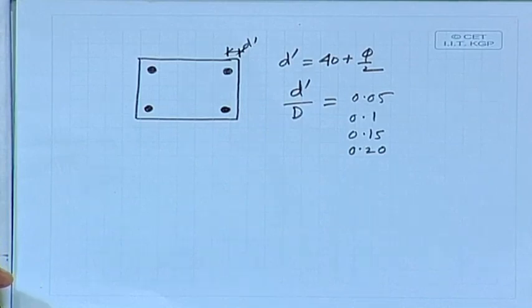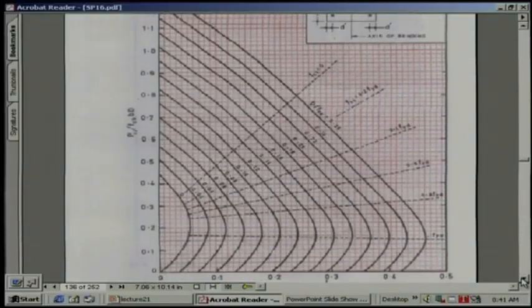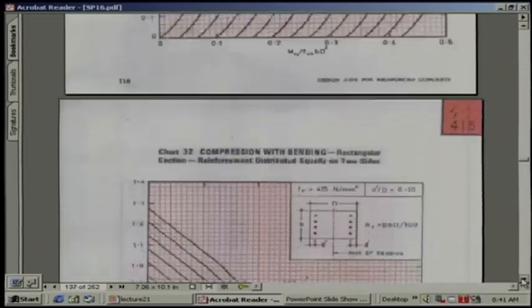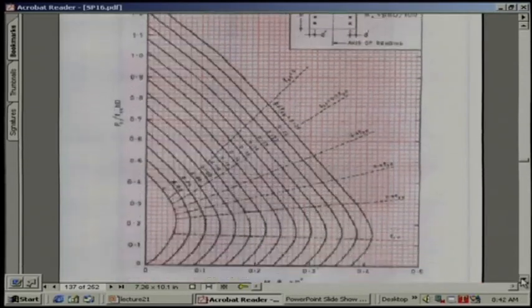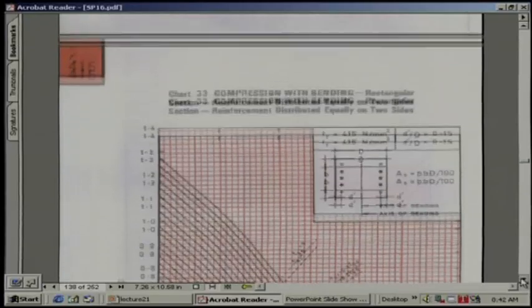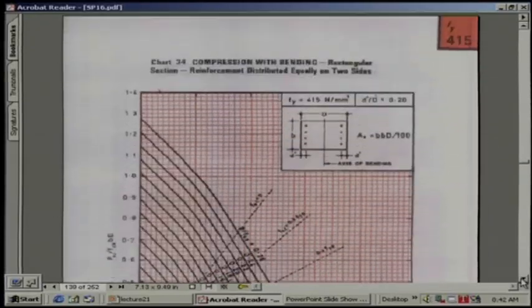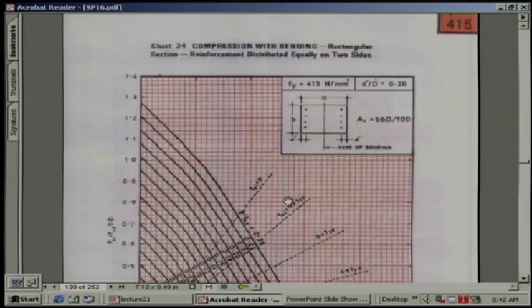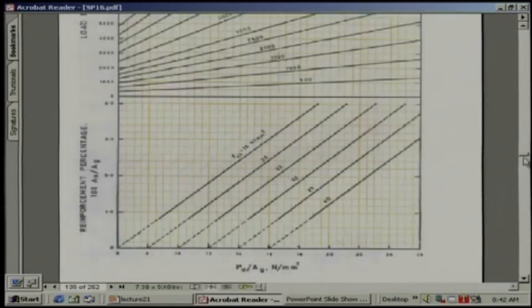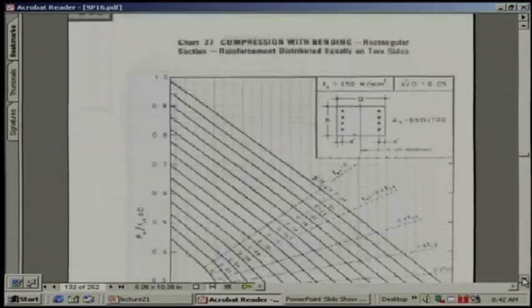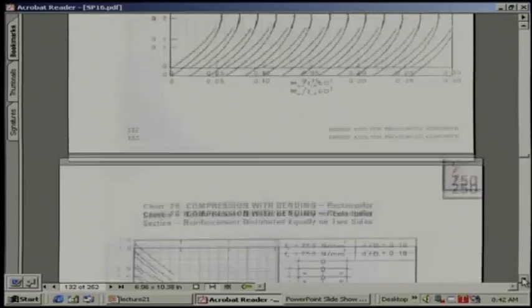So, we can have different charts. This is chart 31 for Fy 415, d dash by d like that. Then the other one, d dash by d 0.1, this is for 0.15 and this is for 0.2. Let me show you what we shall do.